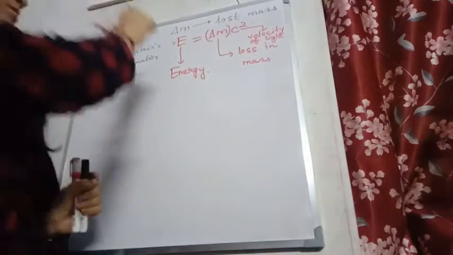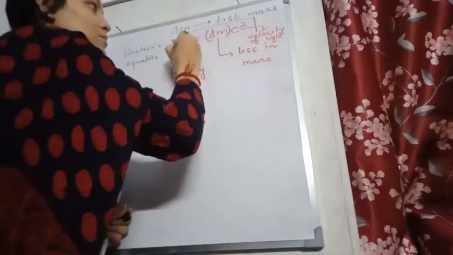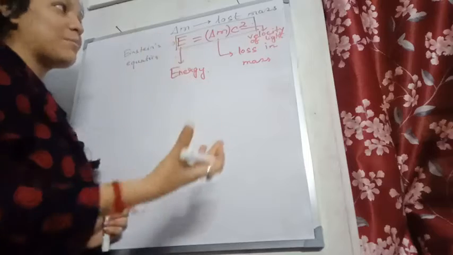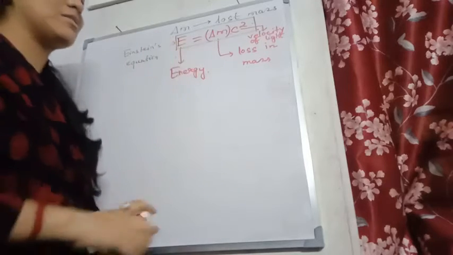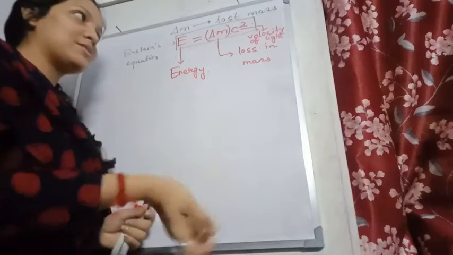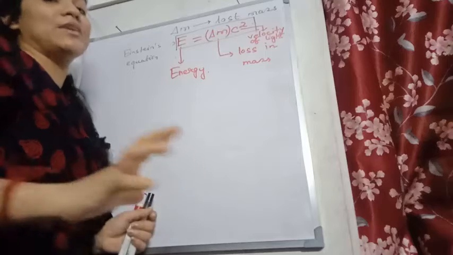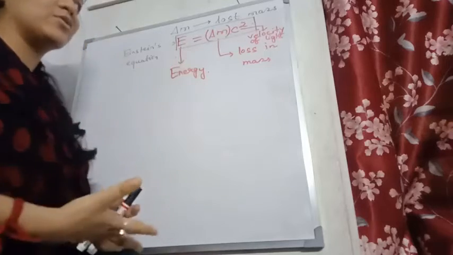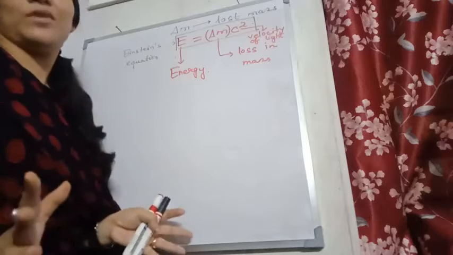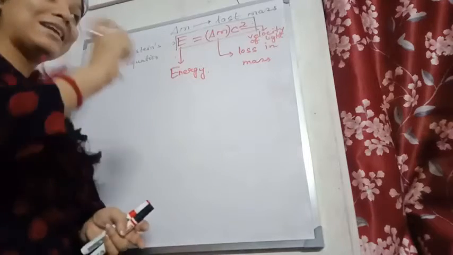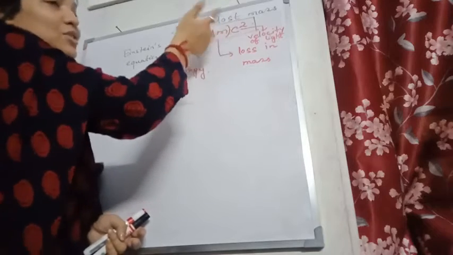This equation is very important. Actually, the concept behind this equation is very important. In case of nuclear reaction, there is a loss in mass on forming the products. That mass gets converted to energy, which is released in a nuclear reaction. We have two types of nuclear reaction, that is nuclear fission and fusion, where we get a large amount of energy. We'll be studying that in detail. That energy comes when the lost mass gets converted to energy.